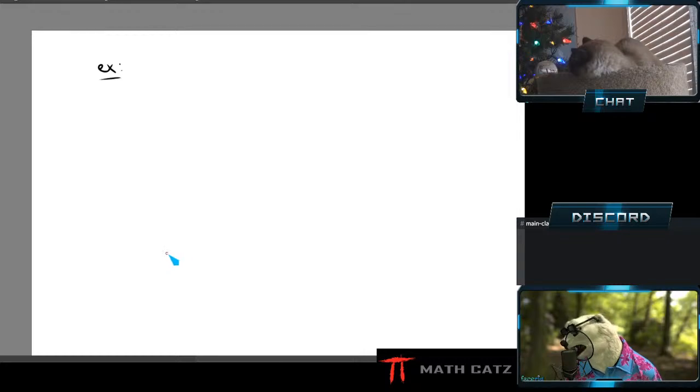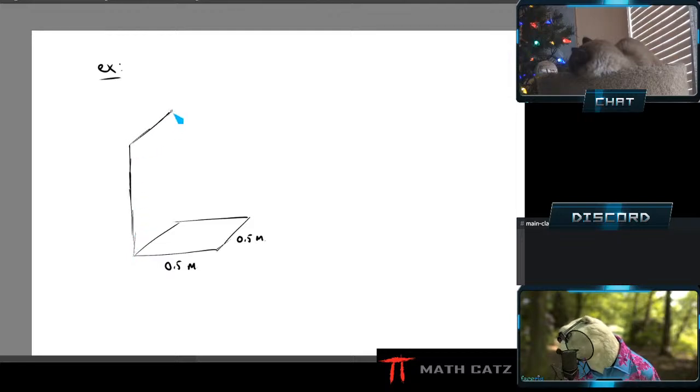Let's suppose we have, let's see if I can draw this, some sort of pillar, a rectangle, make it a square base. Sure, let's make it 0.5 by 0.5, and that goes all the way up. Freehanding this. I can make dotted lines later.